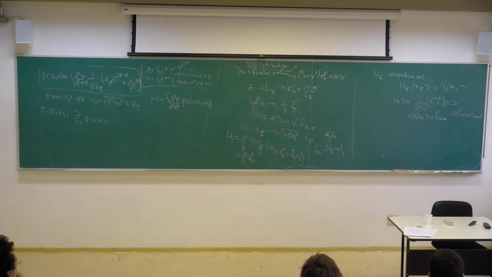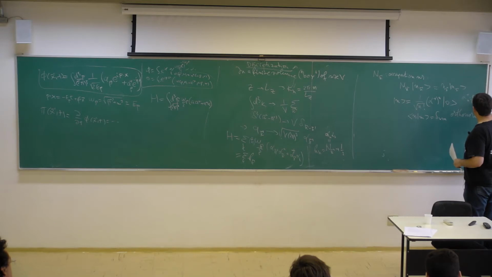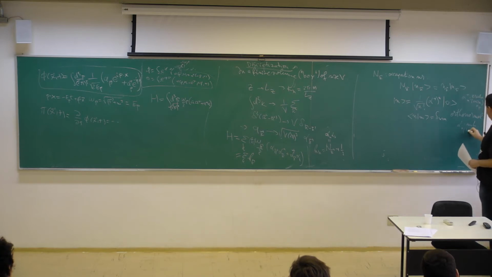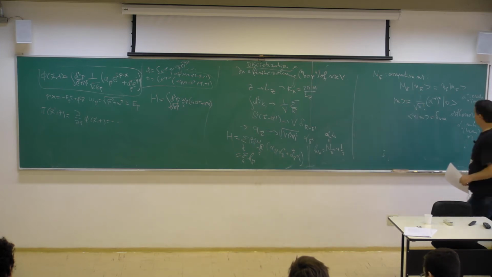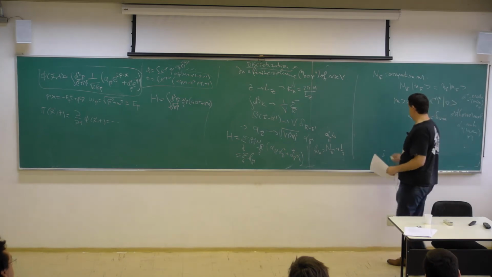And so alpha dagger is the creation or raising operator, and alpha k is the annihilation or lowering operator. The nomenclature comes from the fact that when acting with alpha and alpha dagger on such a state n, you get a state with n minus 1 or n plus 1.